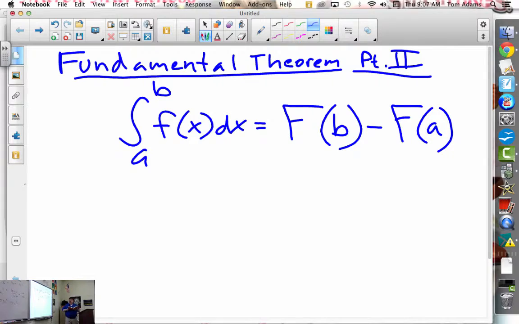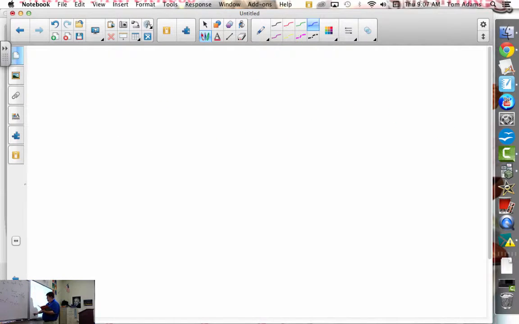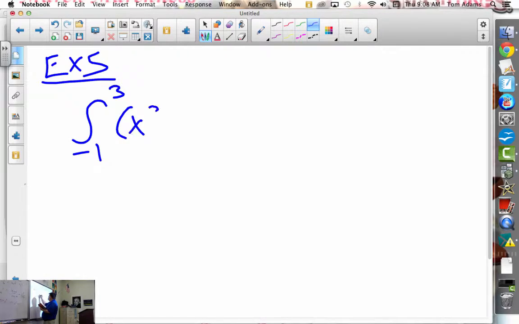But let's just jump right in at example number 5. For example number 5, they want us to evaluate the area under the curve from -1 to 3 of the function x cubed plus 1 dx. Earlier we said that the antiderivative represents a family of functions.